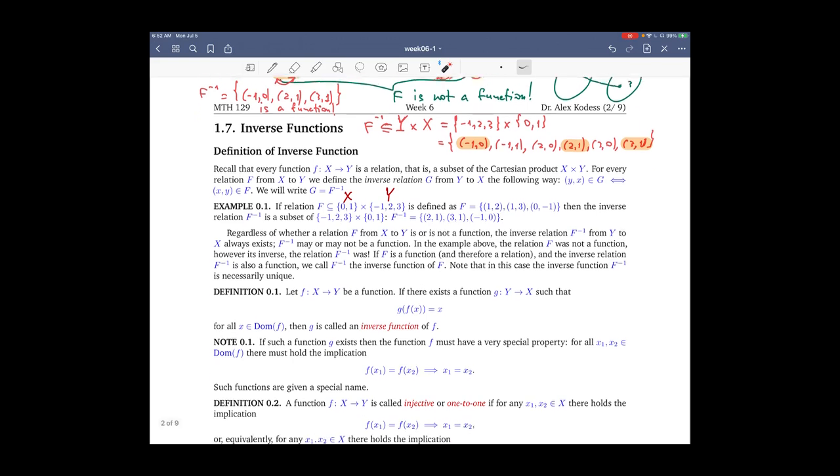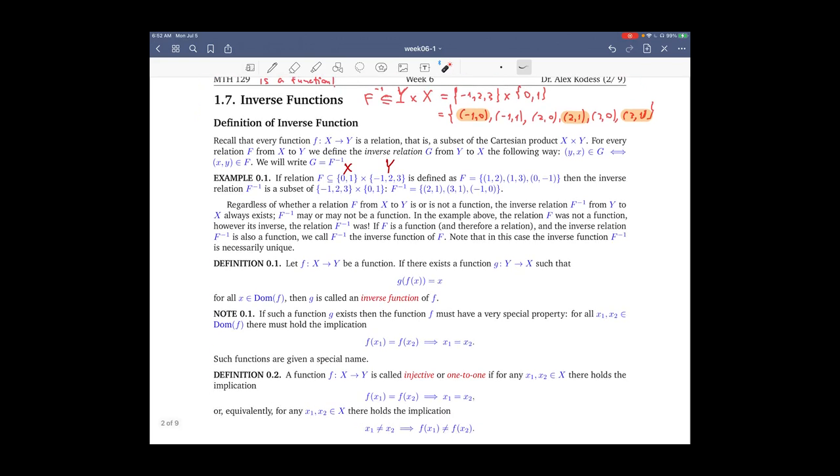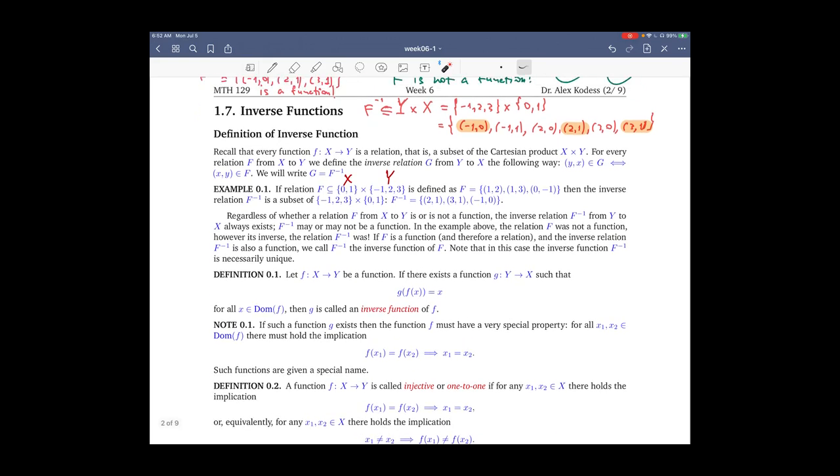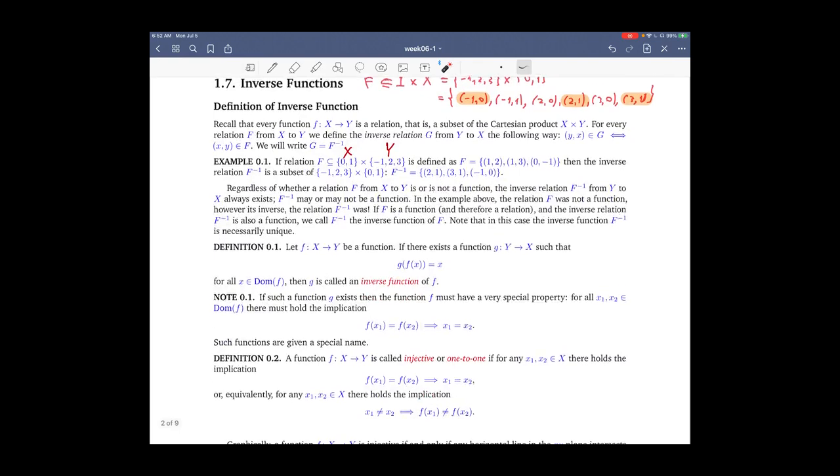It also should be clear that the inverse relation is always unique. Whether or not it is a function, it's always unique. When you flip all coordinates in every pair, the second coordinate becomes the first coordinate and the first coordinate becomes the second coordinate.